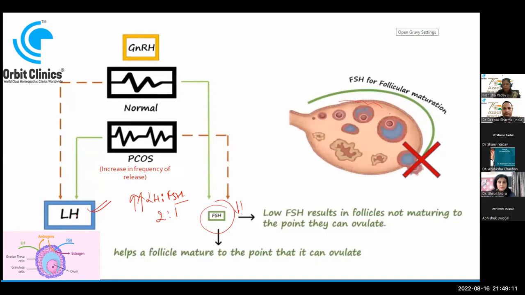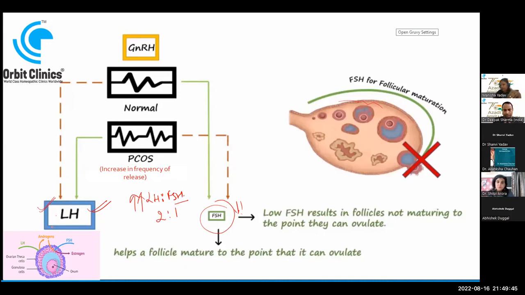Now what will happen because of this excess LH? As I told in the previous slide, this LH acts on the thecal layer, and this thecal cell layer will produce androgen. So more and more LH, which is secreted because of this abnormality, stimulates the thecal cells to produce an excess amount of androgen.